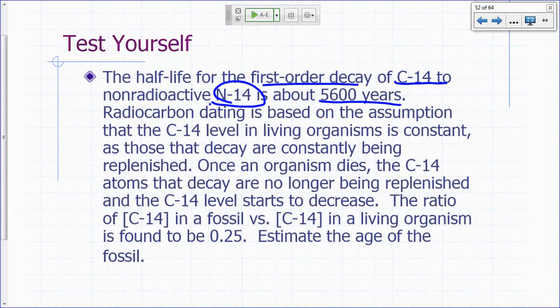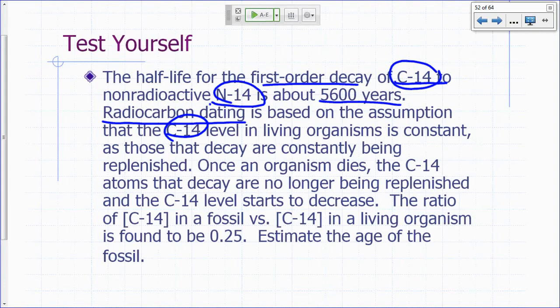This is for determining the age of fossils, using what is called radiocarbon dating. Radiocarbon refers to carbon 14, a radioactive atom. Radiocarbon dating is based on the assumption that the carbon 14 level in living organisms is constant.